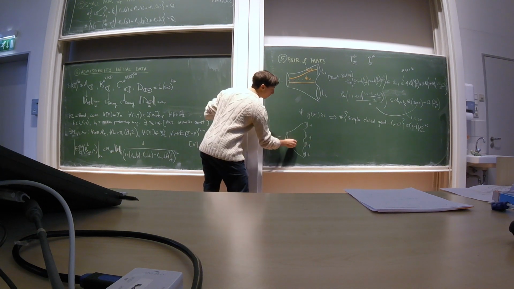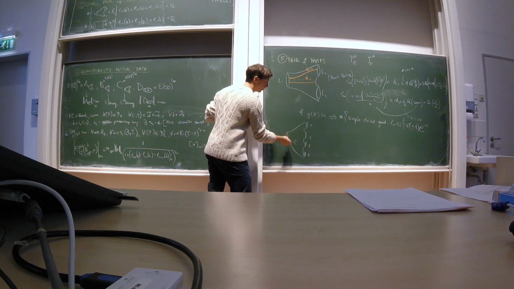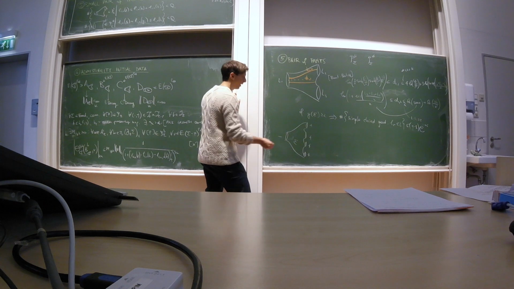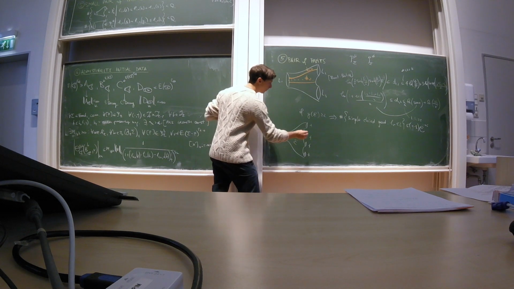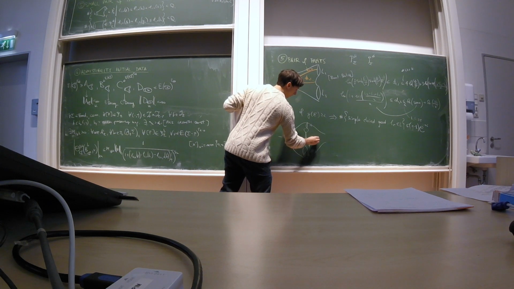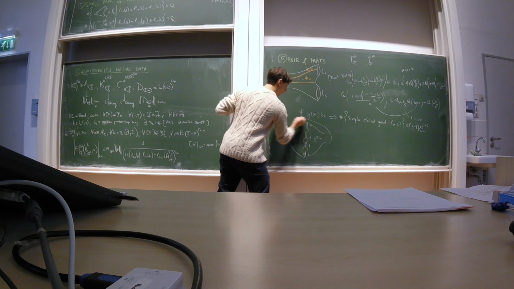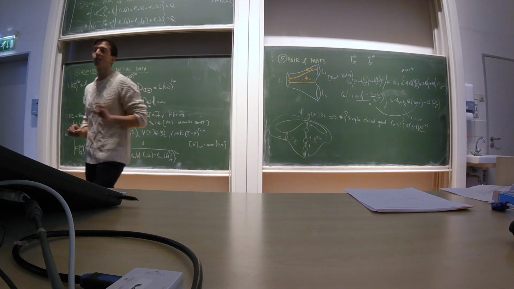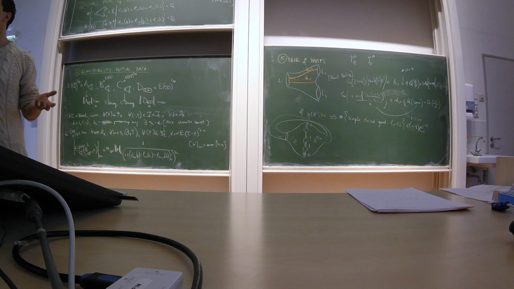And this is your sigma with the pair of pants inside. Okay, so for example, this is a pair of pants. And then you take the doubling of sigma, which is recovered in this way. This sigma double, I don't know what to call it. And you will have a boundary here which is glued to that one. It's the doubling, and you don't have boundaries anymore.